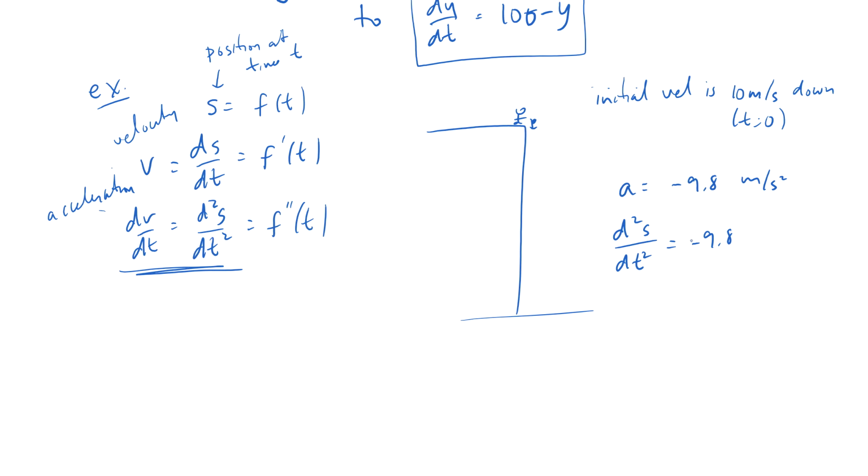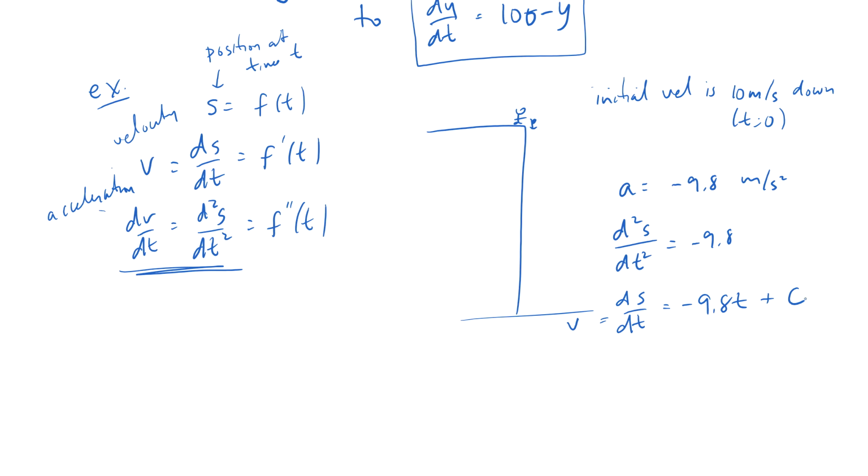Now, if I take the integral of both sides, I get the first derivative, which is my velocity, which we mentioned. Well, if I integrate both sides, that's negative 9.8 t plus some constant. We'll call it c1. So, if I take the derivative of this, I get back to where I started. Okay, so this is for sure a solution.